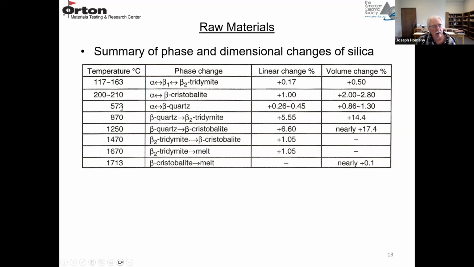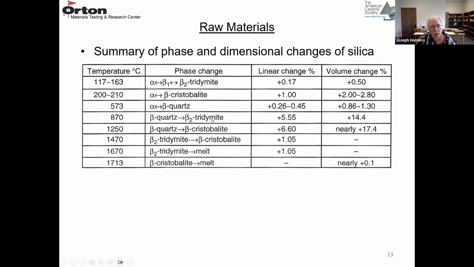And then at 573 degrees C, alpha to beta quartz. Linear change is 0.26 to 0.5%, or 0.86 to about 1.3 volume percent. These are all displacive transformations.